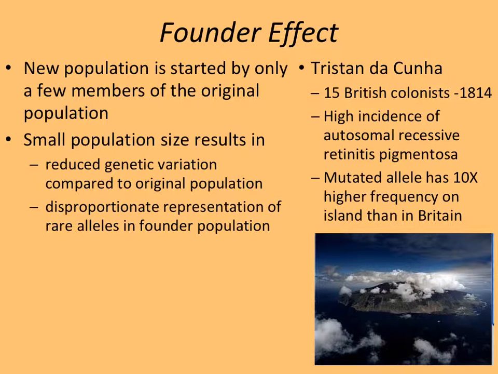It caused blindness, as a matter of fact. It's called retinitis pigmentosa. So if each colonist had 2 alleles for that locus, there was a total of 30 alleles for the whole population, and one individual was a carrier. He didn't show retinitis pigmentosa. He was a carrier of it.